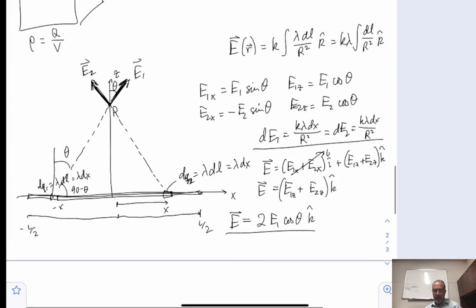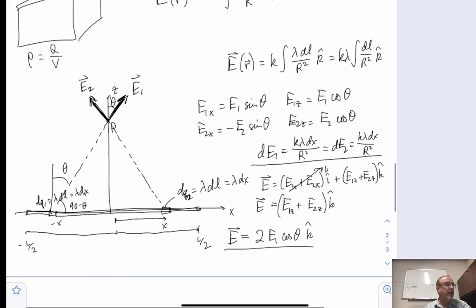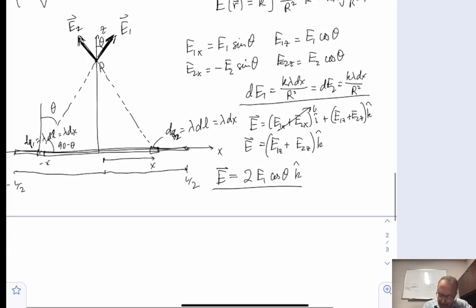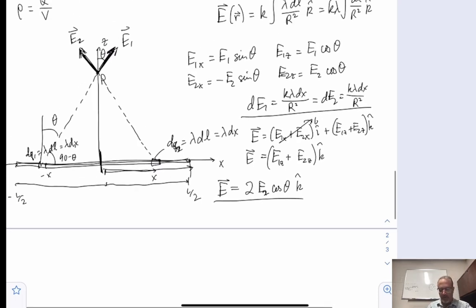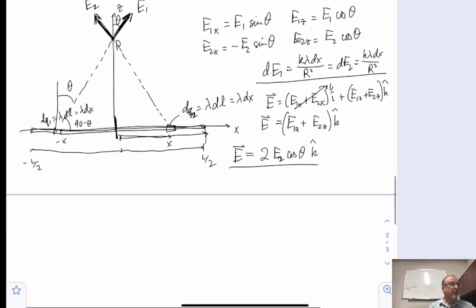Now I'm going to use E2 because I actually want to integrate from 0 to L over 2. You could use E1, it's just the way that they chose E1 to be from the left side and E2 to be from the right side. I'm going to use the one from the right side.